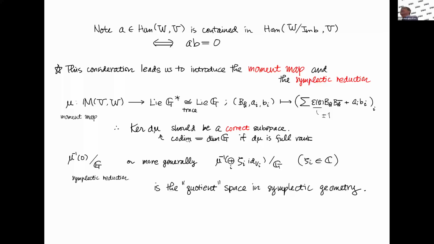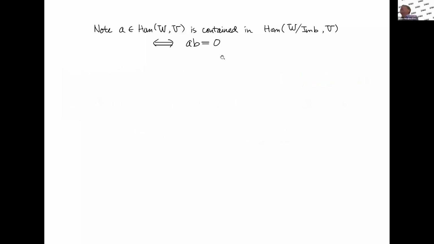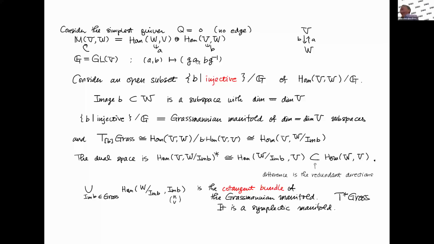The same holds for this identity case, because the identity element is fixed by the adjoint action. For example, for A times B, the action is GA times BG inverse. So A times B is changed by G times B times G inverse. So this is the conjugation, the adjoint action of G on A times B.